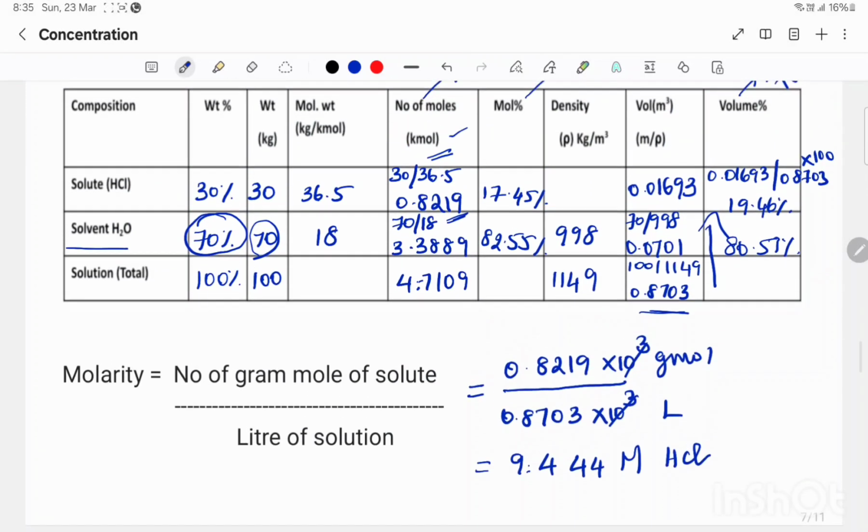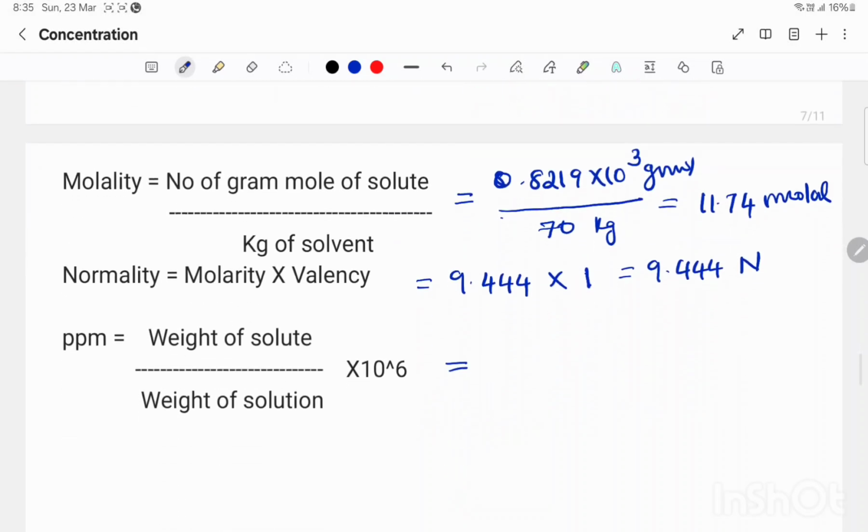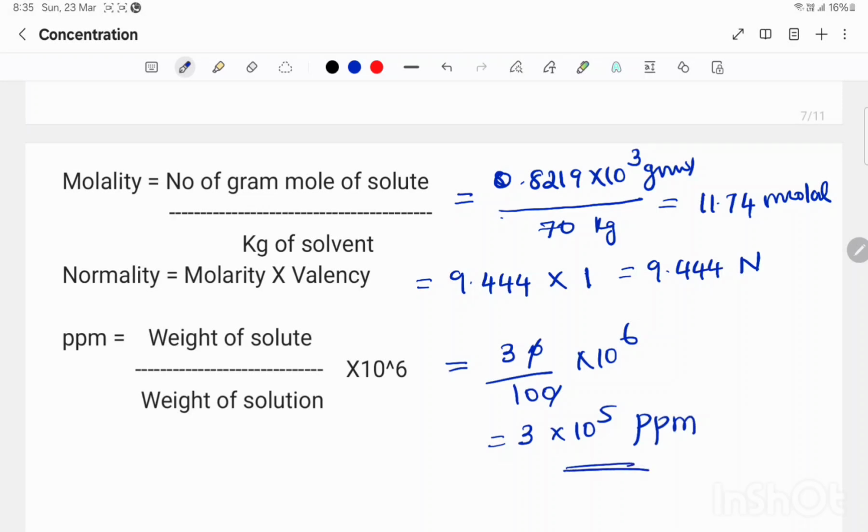Weight of the solute is 30 and weight of the solution is 100. So 30 divided by 100 into 10 raised to the power 6. You can get 3 into 10 raised to the power 5 ppm, that is parts per million. So we are done with molarity, molality, normality and ppm.